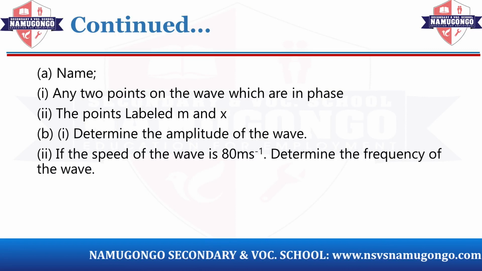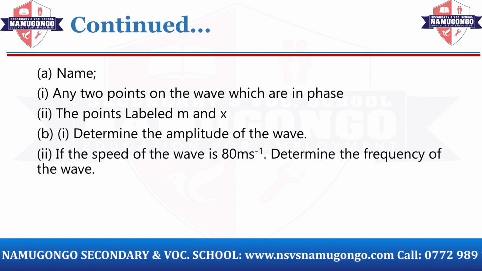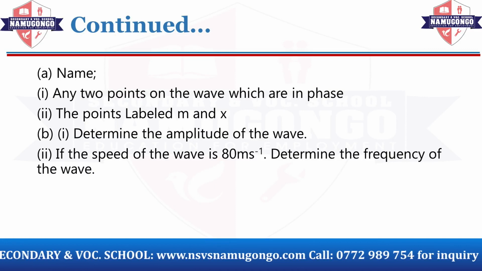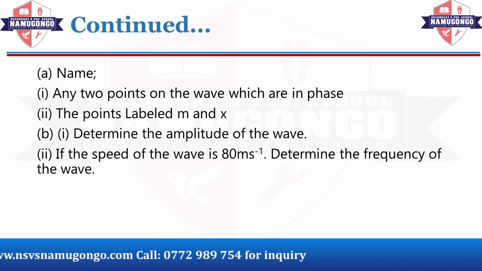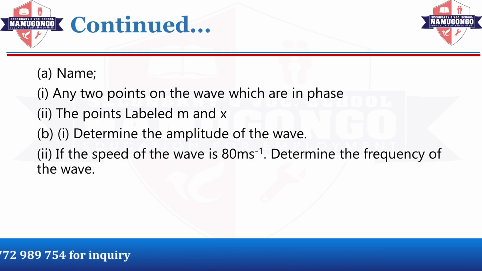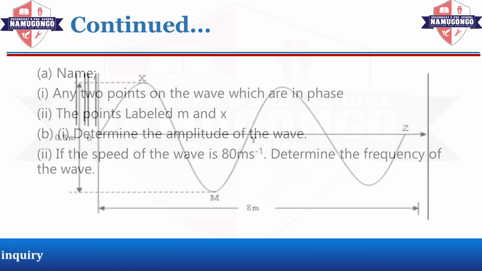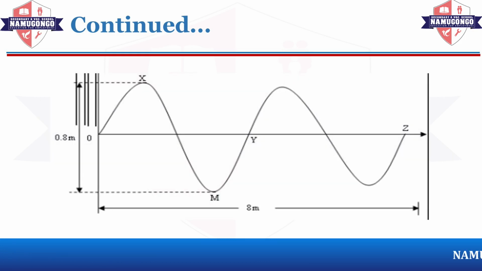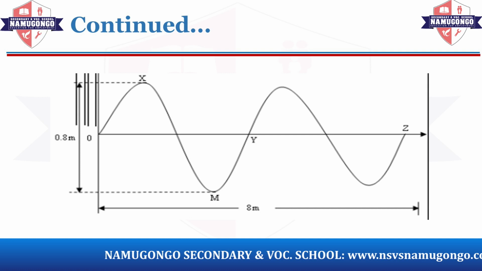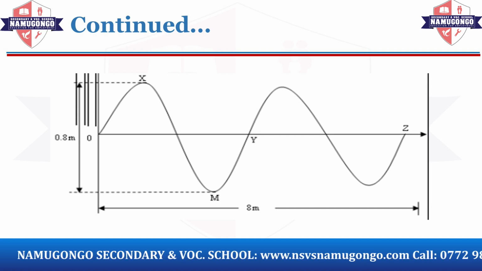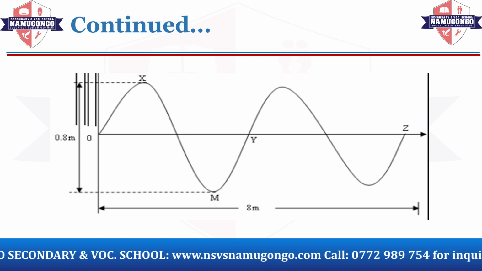On the screen you're going to be provided with a question, and we can try out the questions that follow. We have a diagram of a wave traveling. It has point X and point M. They've given us the distance from here to here as 0.8 meters, and we also have this as our rest position.